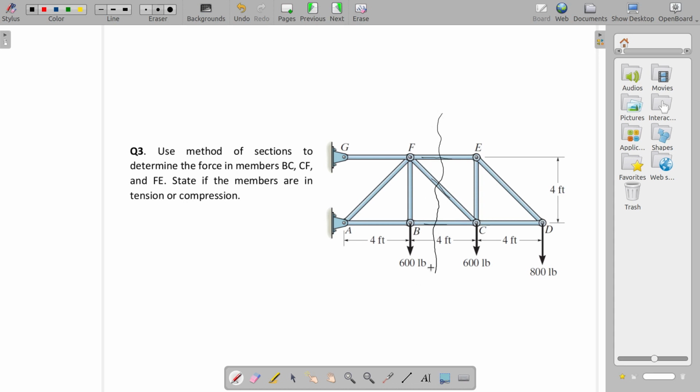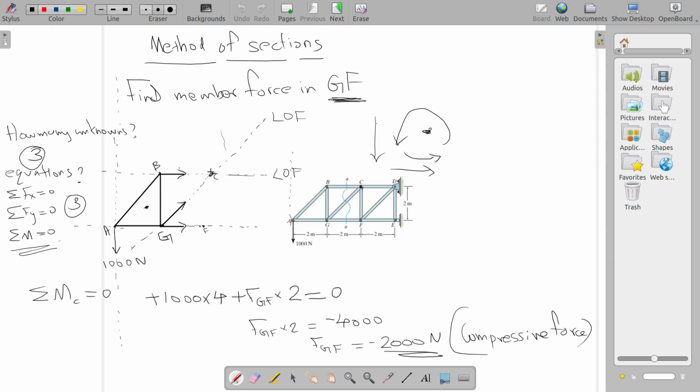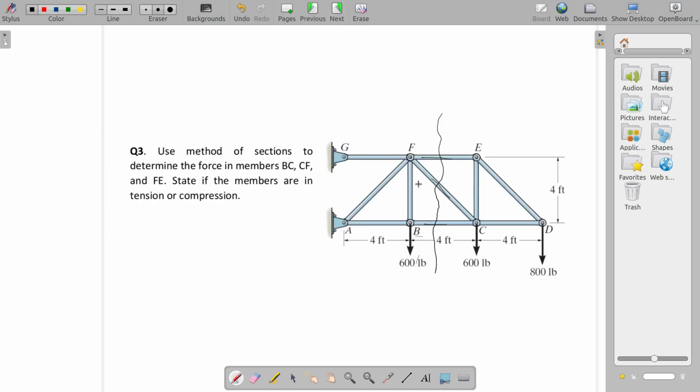So we will cut through the members which we want to calculate, and we will consider the equilibrium of the right hand side. Here, choosing this particular moment is actually not necessary, because anyway you have to find out member force in this member and this member. You have to calculate 3 unknowns, and you will have 3 equations for the right hand side. So you have to use the 3 equation system, a linear algebraic system.